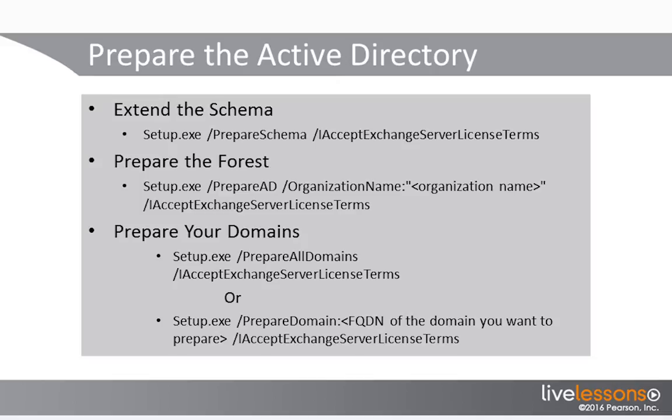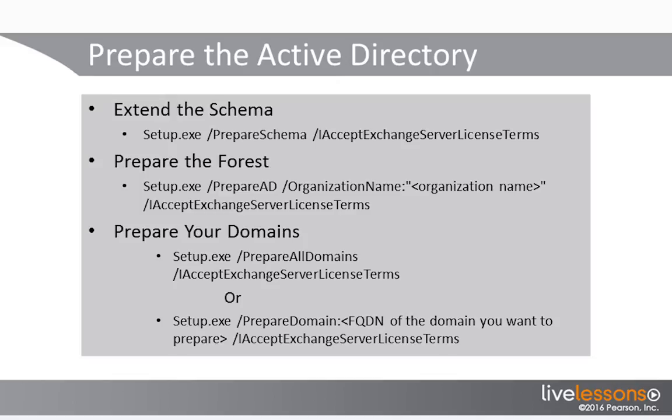And we do that by running setup once again, Exchange Server 2016 setup, with the /PrepareAD switch, the /OrganizationName switch, and you have to specify the name of your existing Exchange Server organization. And then you also specify the /IAcceptExchangeServerLicenseTerms switch. Now, if you don't know the name of your Exchange organization, don't worry. I'll show you in a few minutes how you can get that.